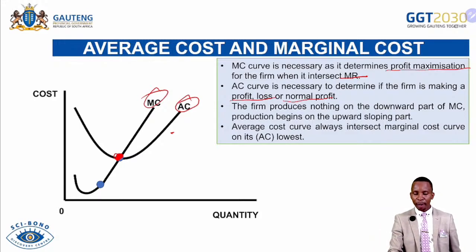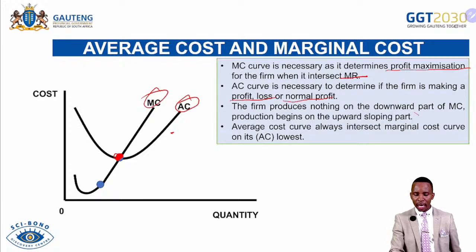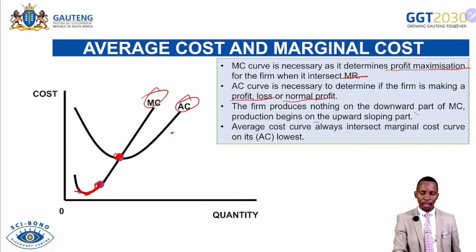The firm produces nothing on the downward-sloping part of MC. Production begins on the upward-sloping part. So going down, nothing will be produced by the firm. The firm will start producing here, going up.